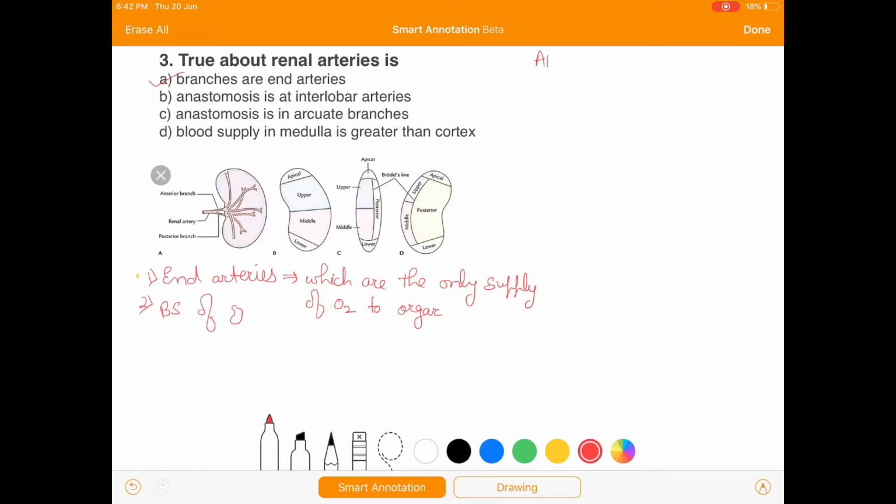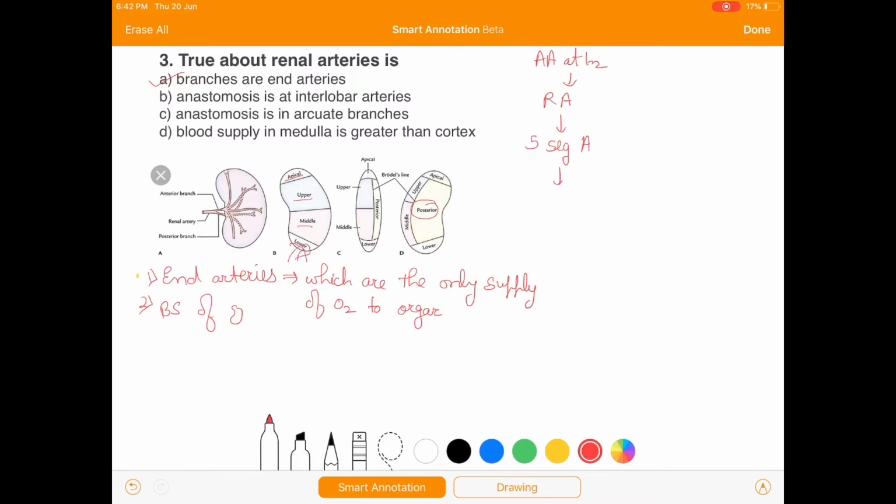Starting with abdominal aorta at L2, it gives renal artery, which on further branching gives 5 segmental arteries. Which are those 5 segmental arteries? Those on the anterior surface are apical, upper, middle and lower. On the posterior surface, it is posterior.